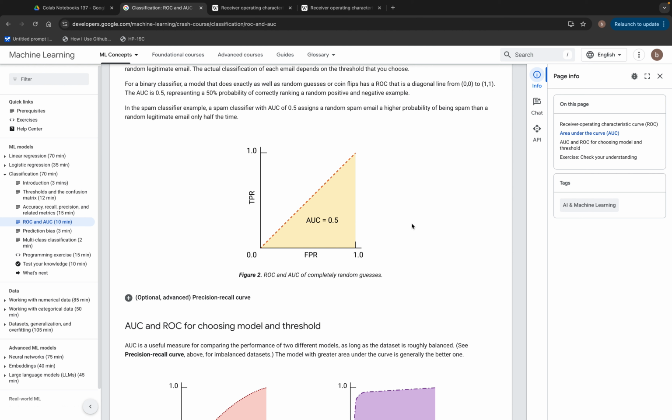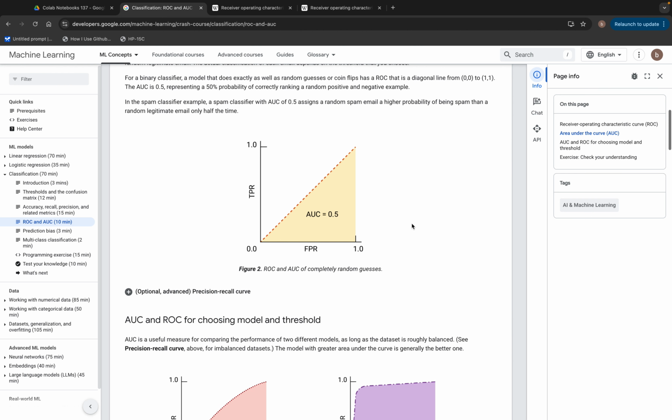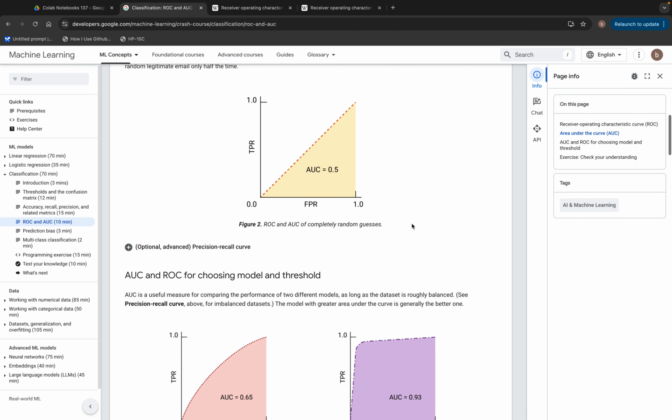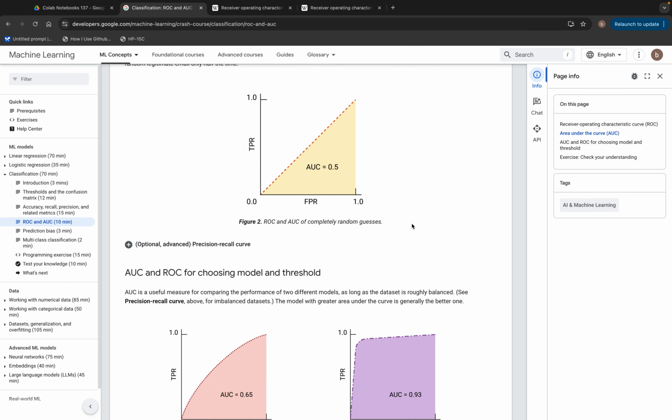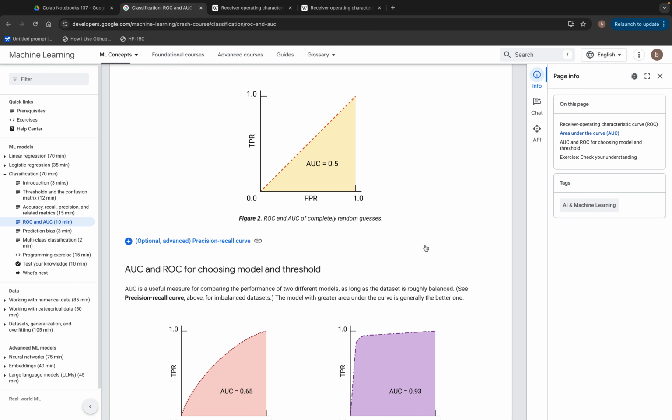This model is even worse, because it tells you exactly the opposite of what you want to know. So hopefully you don't have any models with an area under the curve less than 0.5, which is essentially anti-correlation, but are at least in the range of 0.8 or 0.9. That's where you feel like you've gotten a better model. Anything like 0.6 or 0.55, you might as well throw that model away.